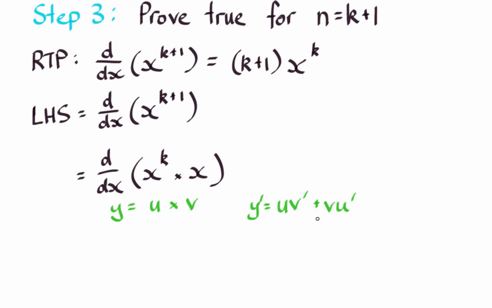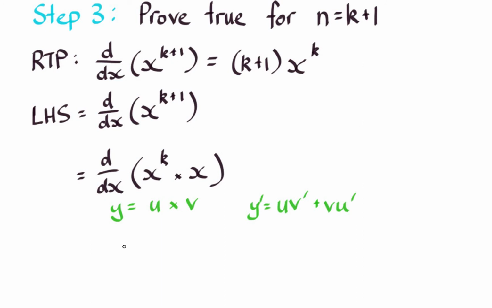Now before we go any further, it's probably a good question to ask: hang on, why can we go ahead and use the product rule when we're trying to prove this initial calculus identity that we first started with?